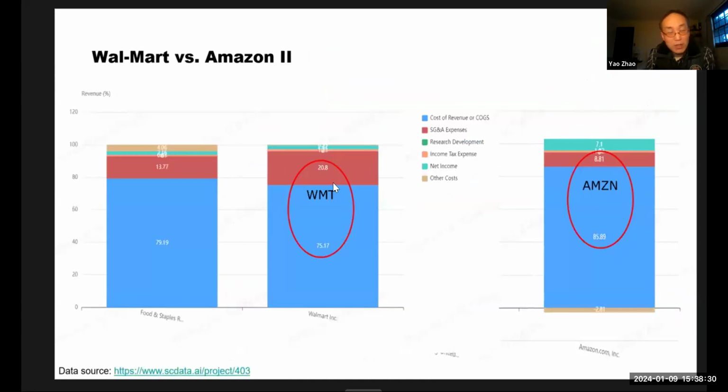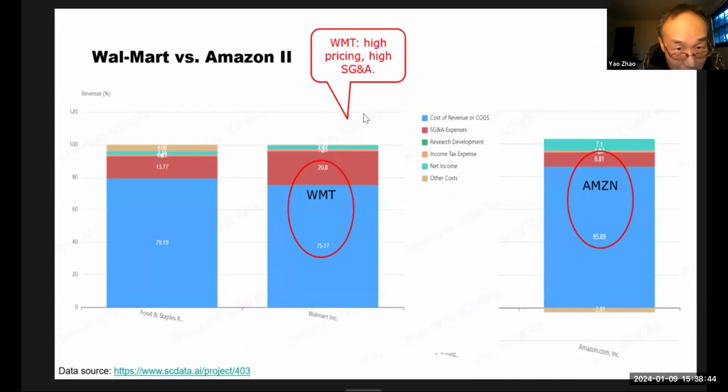Okay, we can better see the difference. This is year 2021, and for Walmart, like we said, cost of goods sold accounts for 75% of the total revenue, and the sales, general, and administrative cost accounts for about 20%. Amazon is the other way around.